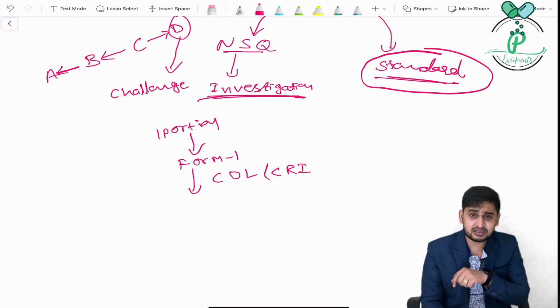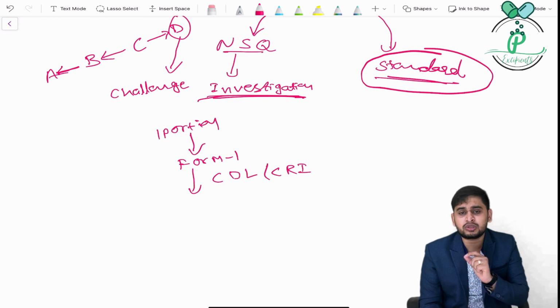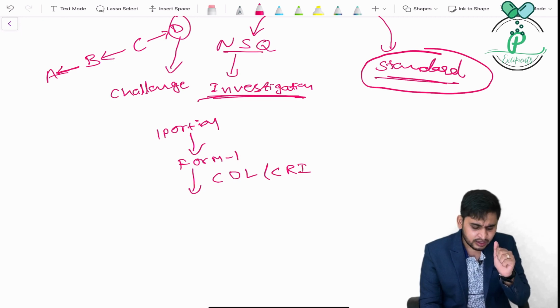So biologics or sera, vaccines, and DNA or DNA-derived products will be sent for testing to the Central Research Institute at Kasauli, Himachal Pradesh, and CDL at Kolkata is for the non-biological drugs, right?